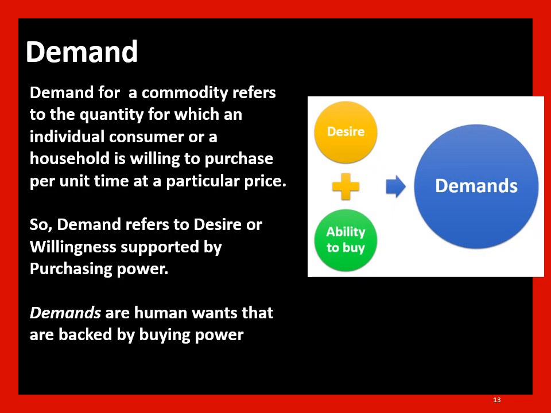Now let's have a discussion on demand. If we club together desire and ability to buy, or the purchase capacity, this results in the creation of demand. So desire plus ability to buy is demand. Demand for a commodity refers to the quantity which an individual consumer, customer or household is willing to purchase per unit time at a particular price.